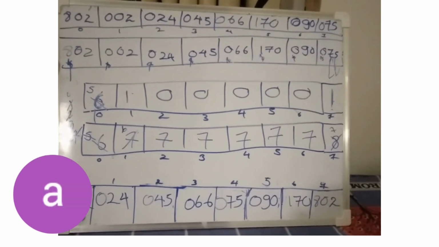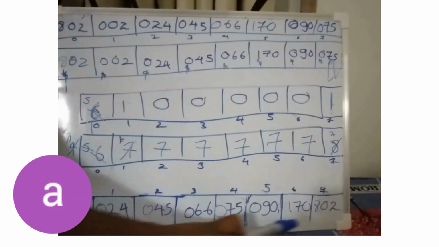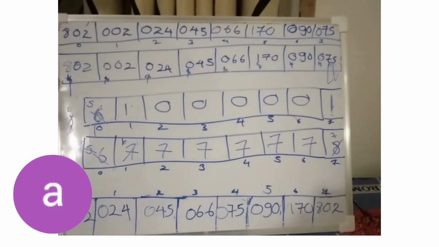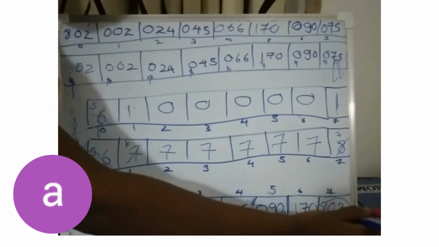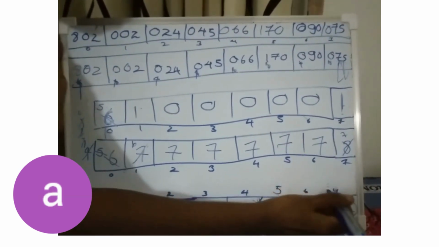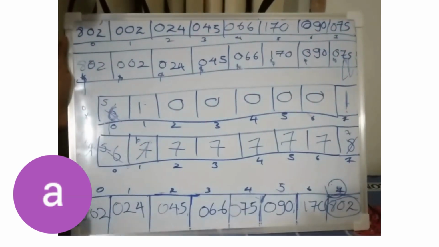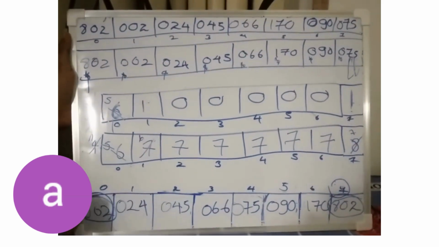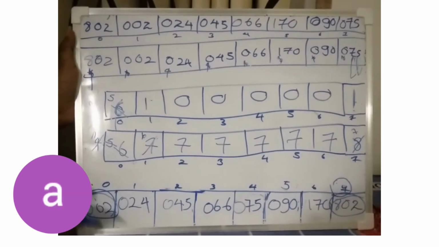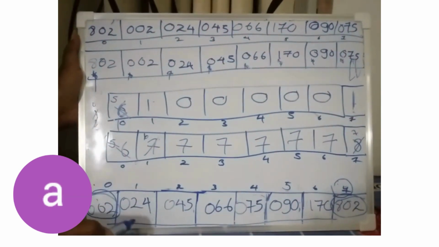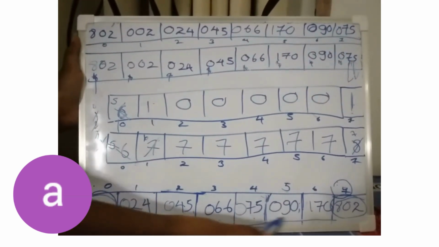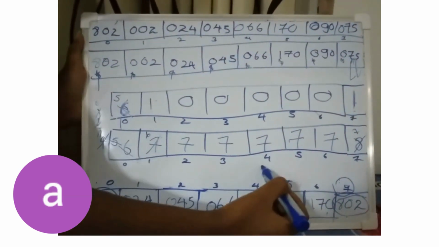So this is the final wave of the Radix sort, and it also proves that the more significant value is on the right side, and the least significant value is on the left side.